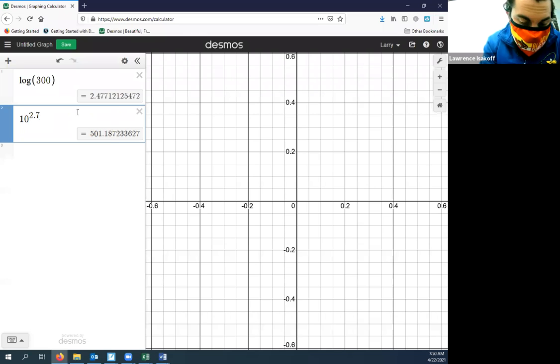And there it is. And watch, if I do 10 to this power 2.4771 21. Notice this number keeps getting closer and closer to 300, the more decimals I add after this.